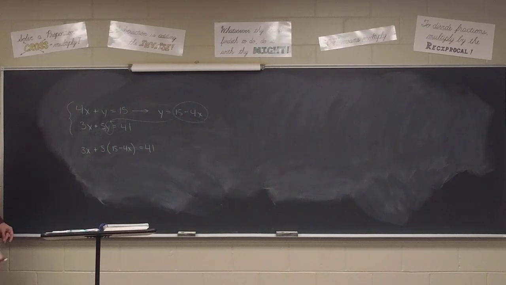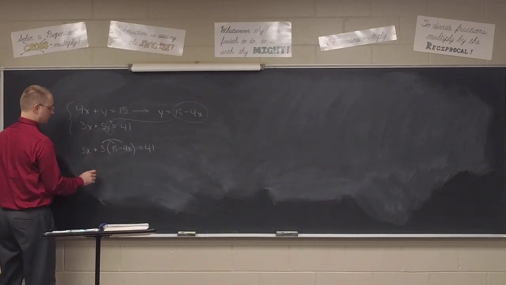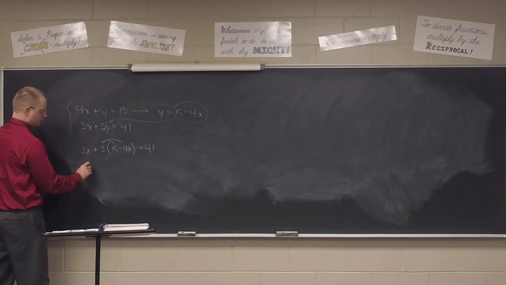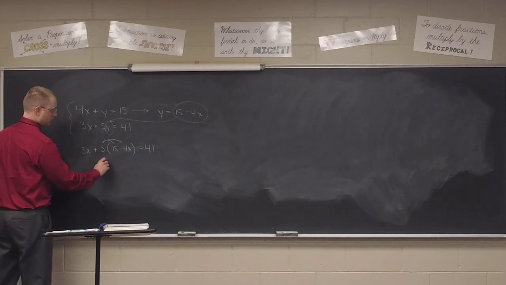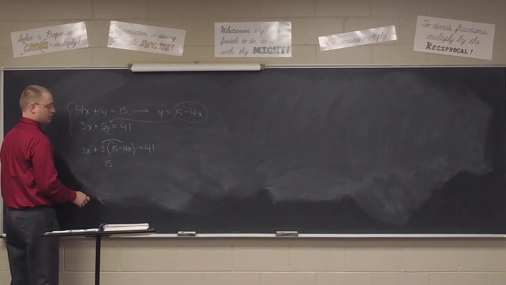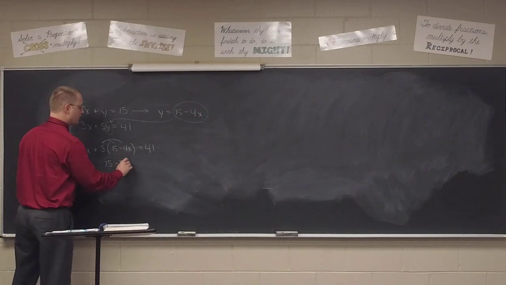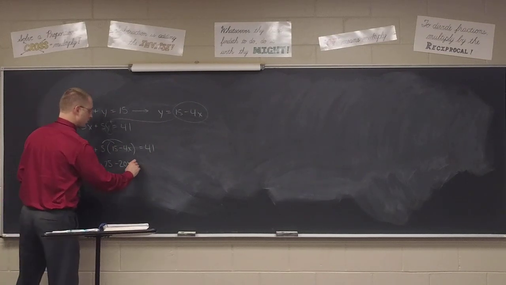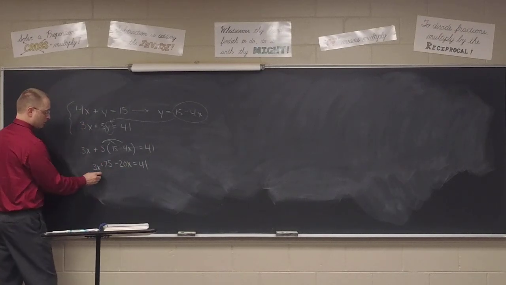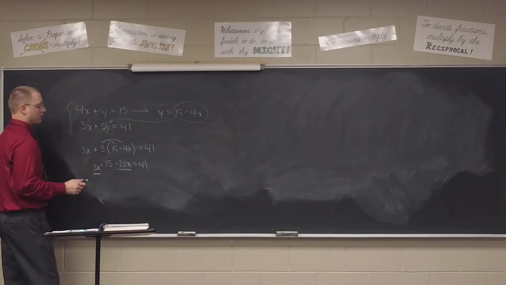You distribute at the bottom. Good. Get 75 negative 20x. Good. And of course, we still have the 3x at the beginning, right? Equals 41. And then you add the 3x to the negative 20x.